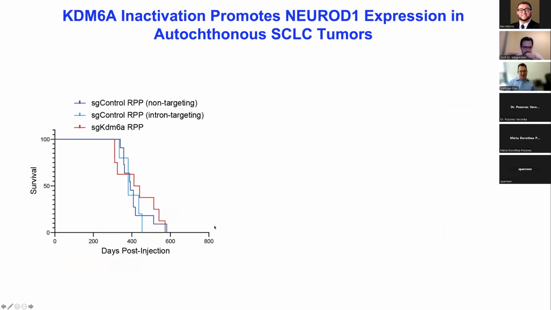Initially, this was during the pandemic, slightly after 2020 when we started in the lab again, we were quite disappointed. The mice started getting sick, and it didn't seem like there was strong selective pressure for KDM6A loss versus KDM6A wild type.